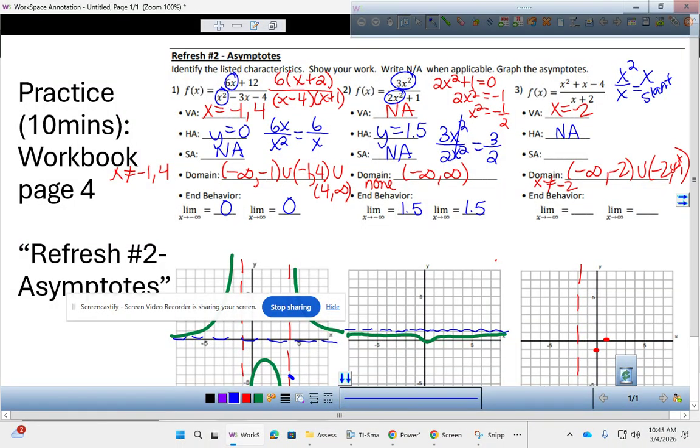And yesterday we said to figure out what the equation of the slant is, we do synthetic division. We're going to do synthetic division on the opposite of the denominator. So -2 in this case, on your vertical asymptote essentially. And then you're using the coefficients of the numerator. So this is a 1, this is a 1, this is a -4.